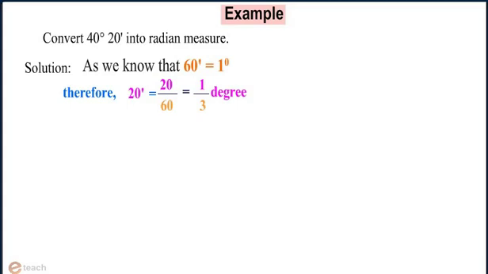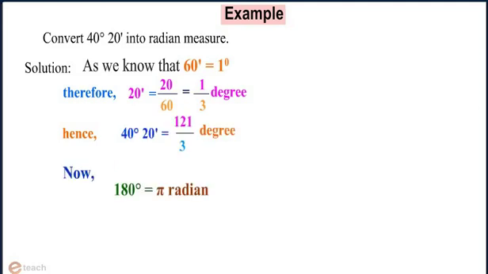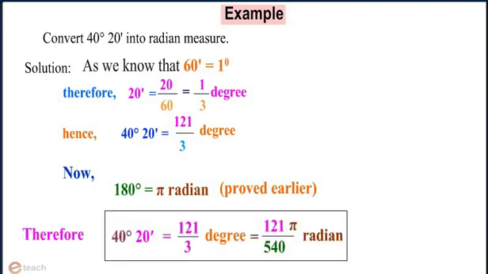So 20 minutes equal 20/60 or 1/3 degree. Hence, the angle given here is 121/3 degrees. Then 180 degrees equals pi radian. So 1 degree equals pi by 180 radian. Therefore, 40 degrees 20 minutes equal 121/540 pi radian.